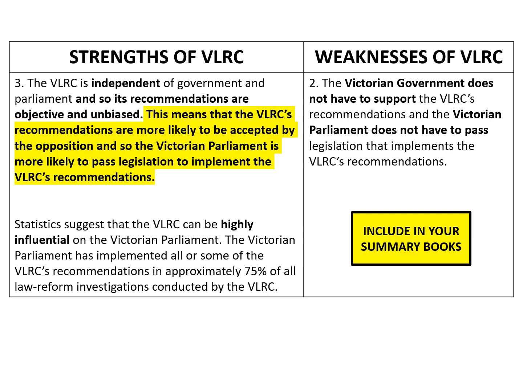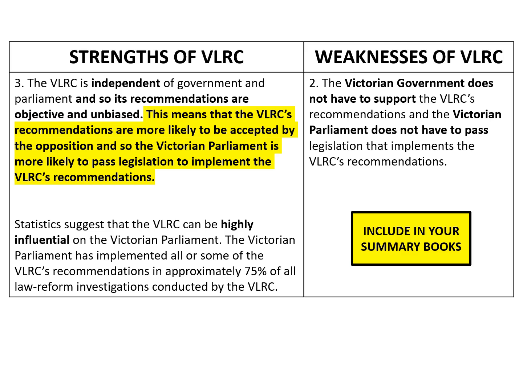Indeed, statistics demonstrate that the Victorian Parliament is significantly influenced to change the law, that is, to make law reform, by the VLRC, largely because the Victorian Parliament recognises that the VLRC thoroughly investigates law reform matters, extensively consults on any law reforms that it recommends, and is an expert and independent law reform body.